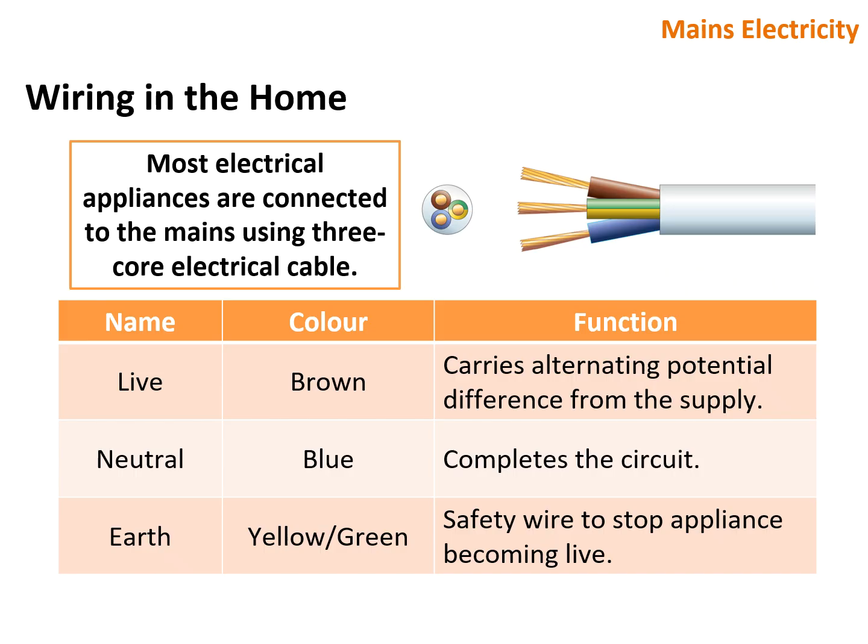You are expected to be able to label the parts of a plug and what they do. So, the live wire inside a plug is brown in colour, and that is the one that alternates between being positive and negative. The neutral wire works with it.